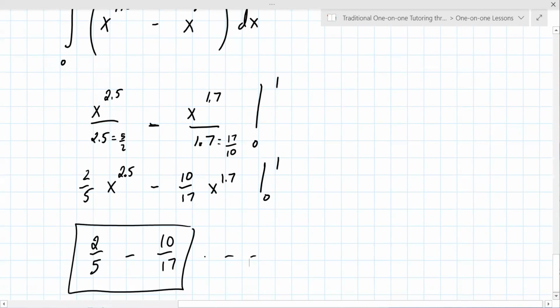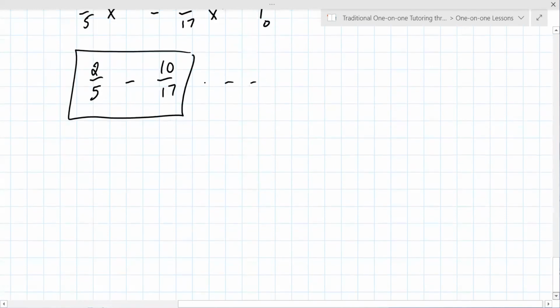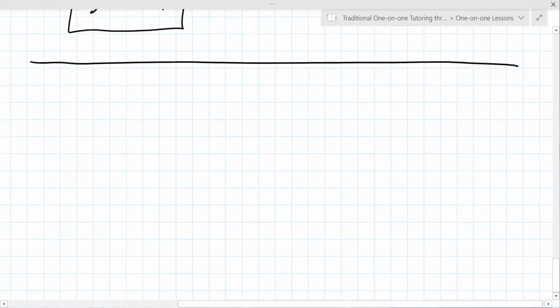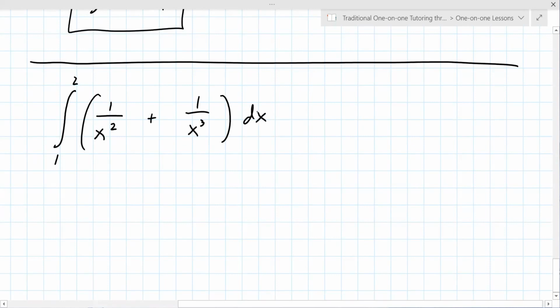Okay, let's do some negative exponents because you're going to see that for sure. What is the integral from 1 to 2, 1 over x squared plus 1 over x cubed dx? Okay, so there's almost always a rewrite step, which helps you to do this.